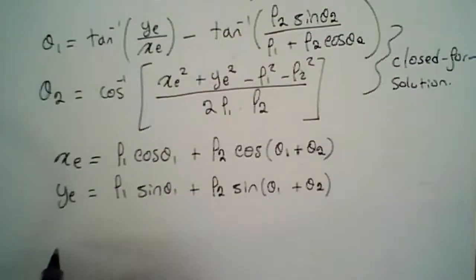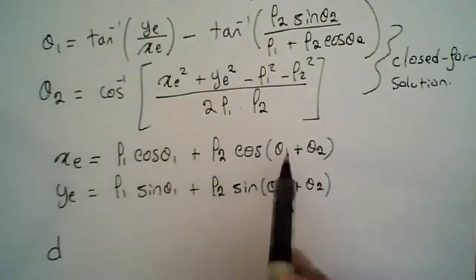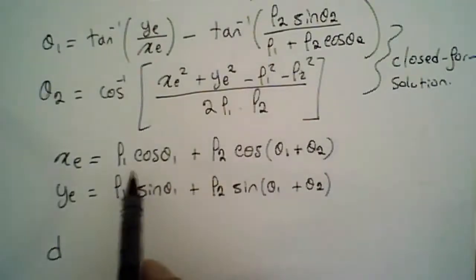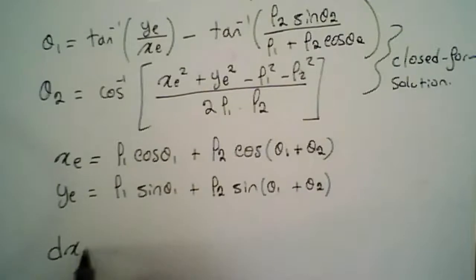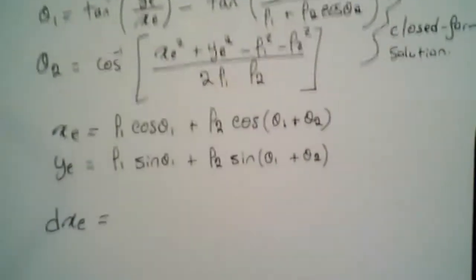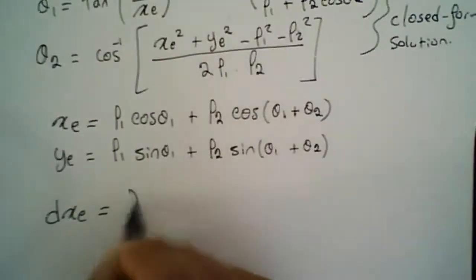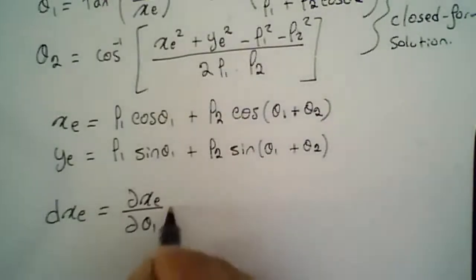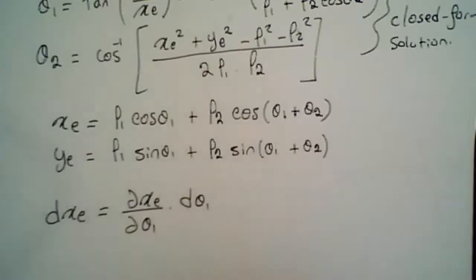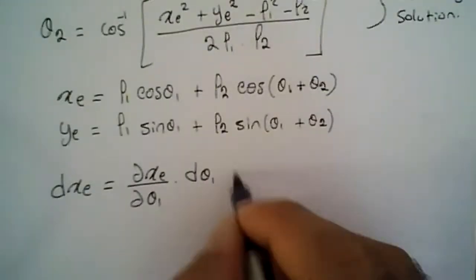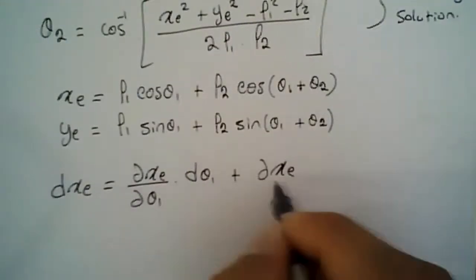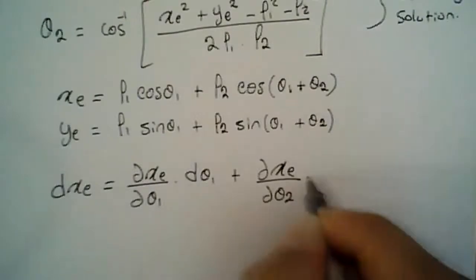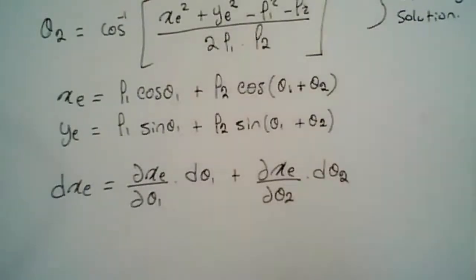So xe is a function of theta 1 and theta 2, so it's a multivariable function. And if I were to differentiate xe, I'm going to have to do this, right? I'm going to have to take the partial derivative of xe relative to theta 1, multiplied by d theta 1, plus the partial derivative of xe with respect to theta 2 multiplied by d theta 2.